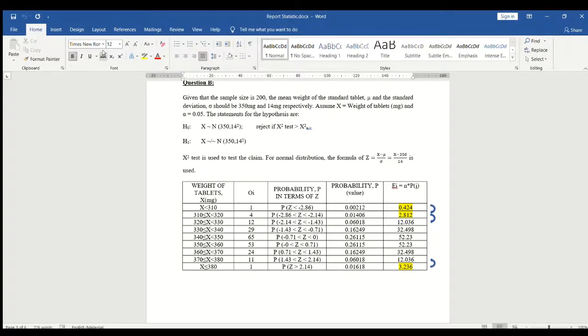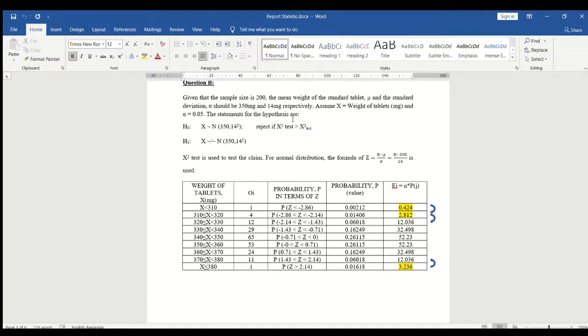Hi, I'm Norman. So I'll be presenting question B. What is given is a sample size of 200 and the mean weight and standard deviation of 350 milligrams and 40 milligrams respectively. Assume X equals the weight of tablets, and given the confidence level of 95%, in this case alpha equals 0.05.